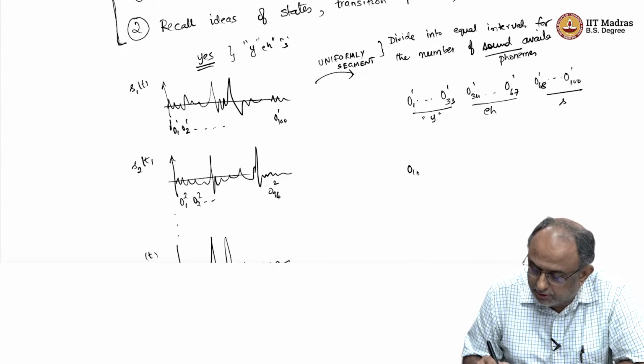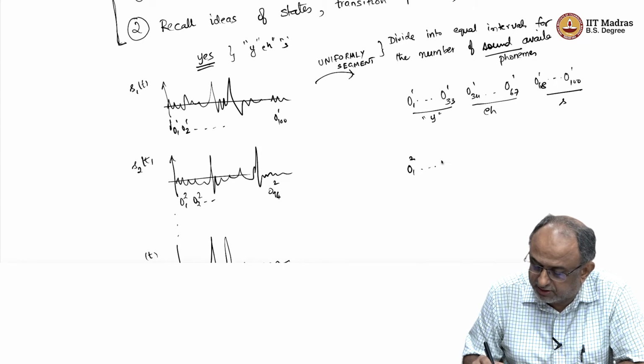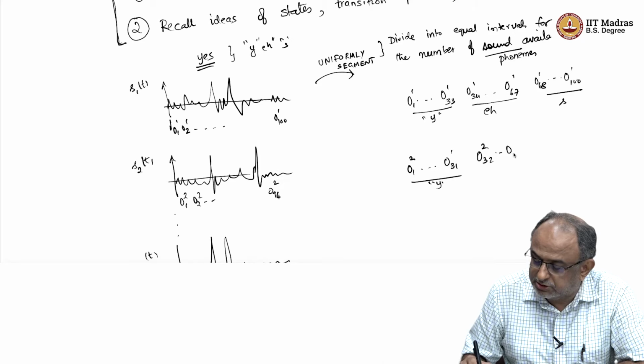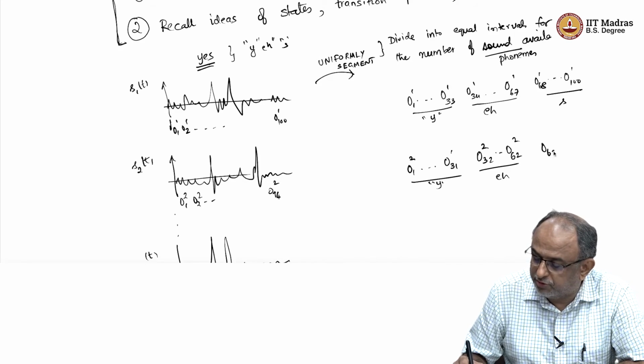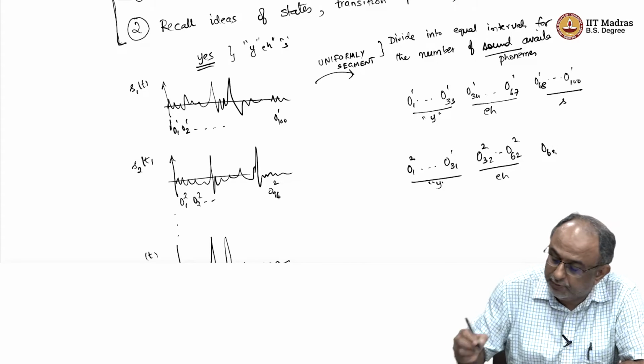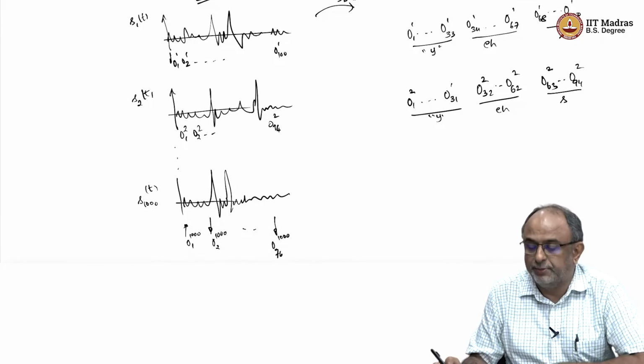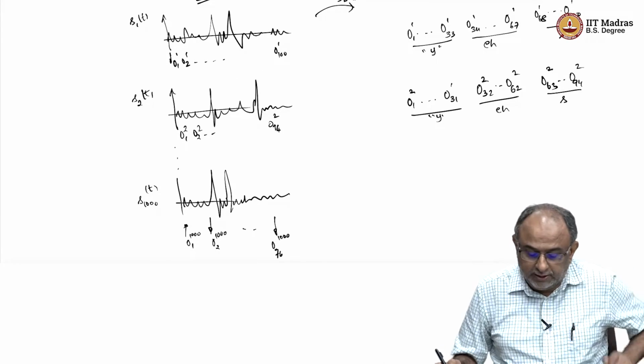So, for the second utterance, O1 to O31 will be the first sound, O32 to O62 will be A, and O63 to O94 for the second utterance will be S. Okay, I uniformly segment.